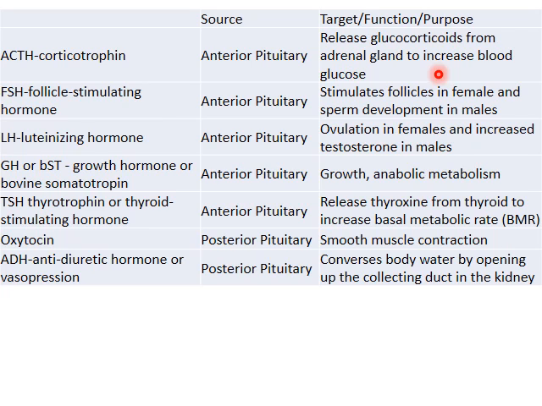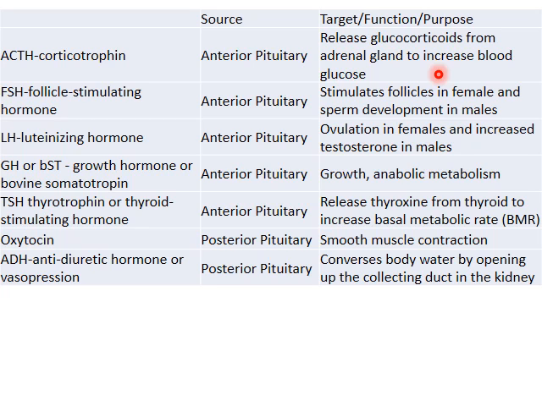So corticotropin releasing hormone, ACTH is released, that goes to the adrenal gland and starts glucocorticoids, which are going to boost blood glucose.